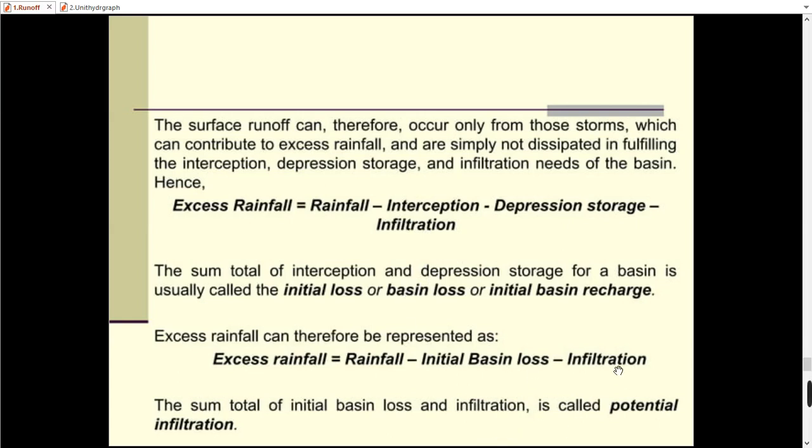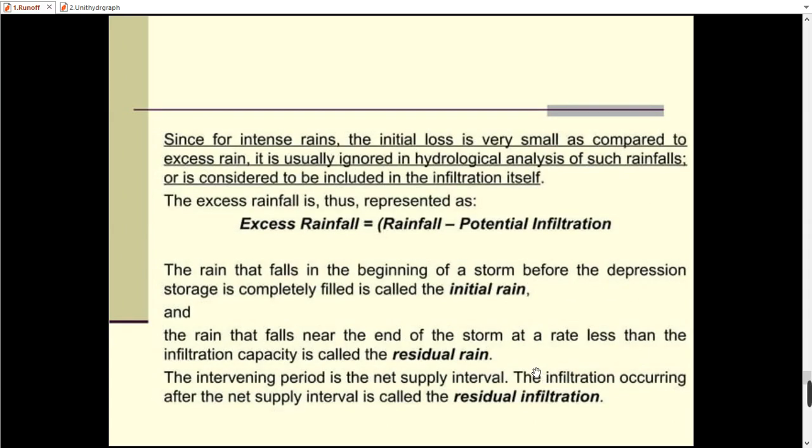There is a little bit of difference between rainfall and infiltration. Rainfall intensity, there are some definitions, so understand, right? Since in intense rain the initial loss is very small compared to excess rain, it is usually ignored in the hydrological analysis of such rainfalls.